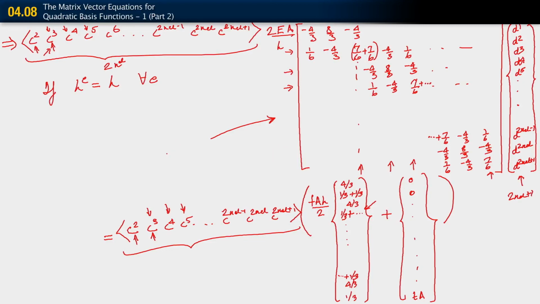Consequently, this matrix that we have here is 2 NEL times 2 NEL plus 1. This vector again here is 2 NEL. Each of those vectors here is, however, of the same length, because they're forming a sort of dot product with the C vector. So we're going to use this when we return to the next segment.